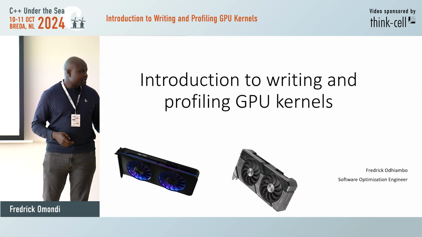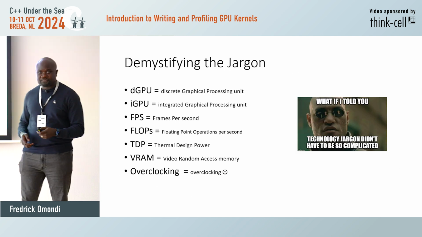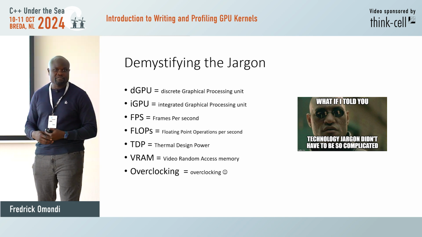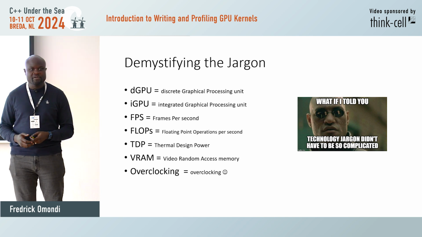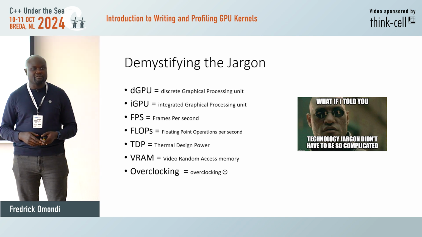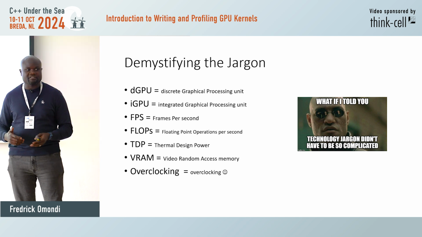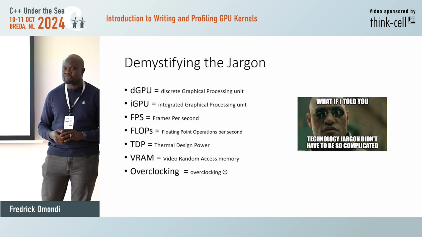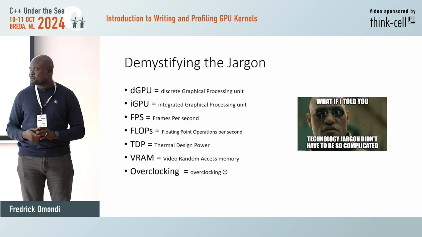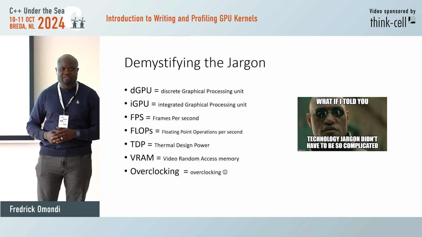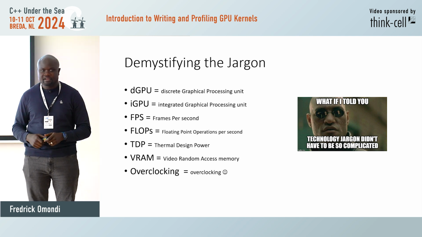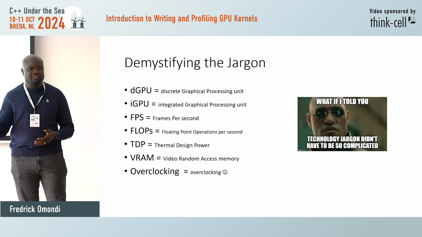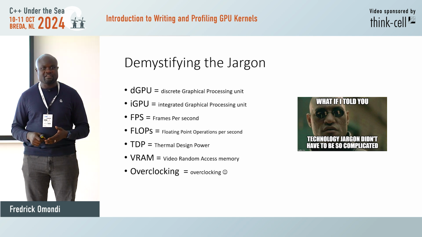A lot of stuff gets thrown around when people are talking about GPUs, and this slide is just to bring some more context into some of the acronyms that people throw around. You might hear some of these acronyms pop up later on in the presentation. So for instance, DGPU is nothing but discrete GPU.